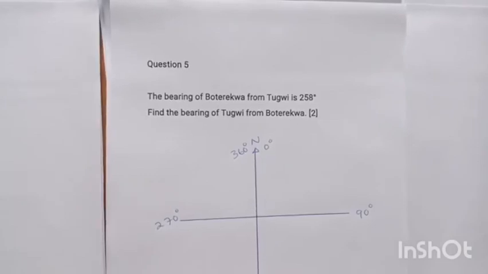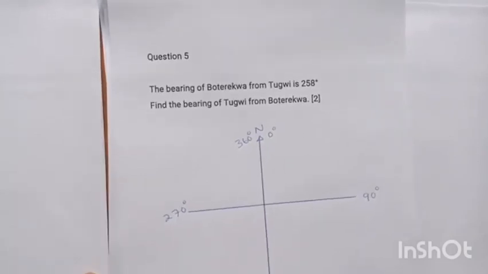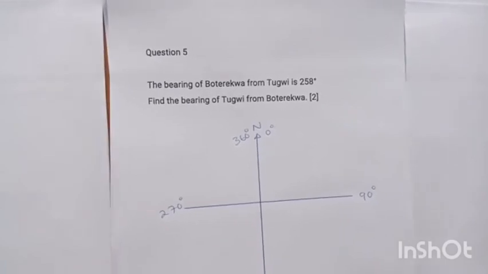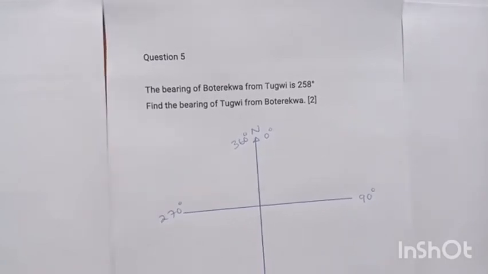Shalom class, welcome back to question number 5. The bearing of Boterekwa from Tugwi is 258 degrees. Sometimes the examiners might not give you letters like A from B, P from Q. They may use the names of cities or the names of countries.